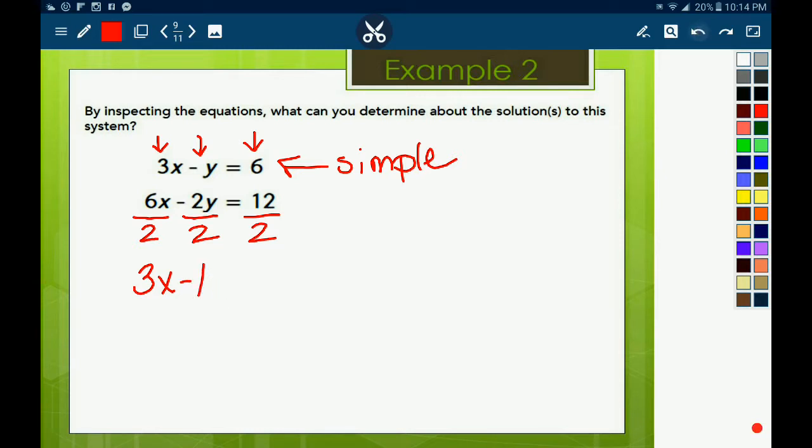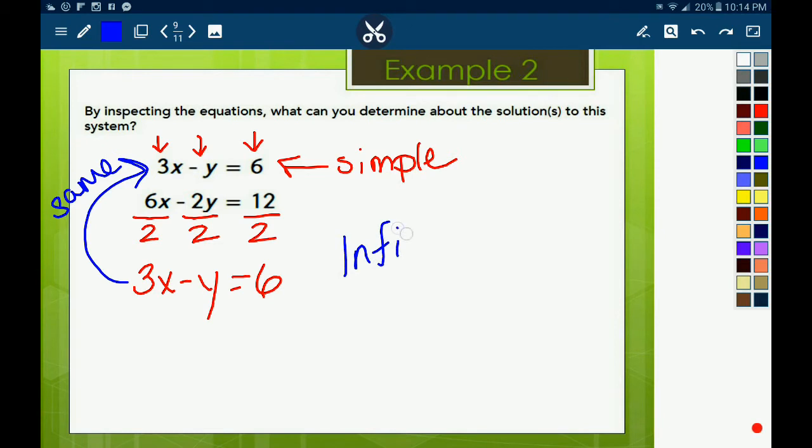Okay, and actually I'm not even going to write the 1. 1s can be invisible. And then 12 divided by 2 is 6. Well, look at that. We have the exact same equation after we simplified it. So this one's going to have infinite solutions.